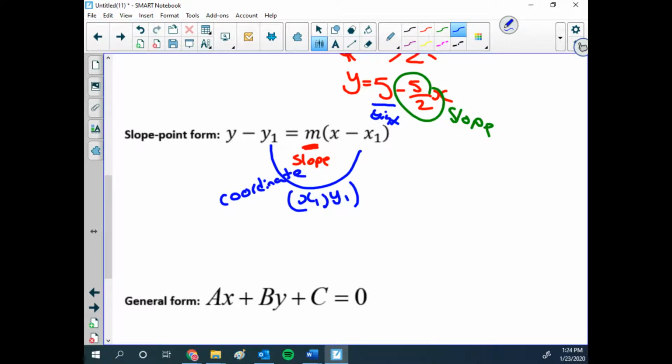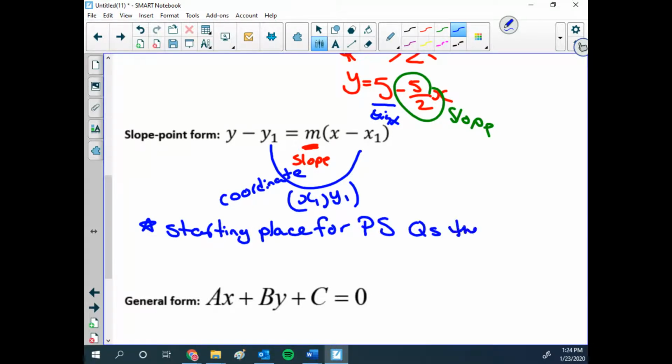Slope point form is always the form I start in, like 90% of the time, unless I'm given slope and y-intercept. I'm always going to start in slope point form because I can start with a slope and a point and then convert to my other forms. So this is usually my starting place for the problem solving questions, then convert to other forms.